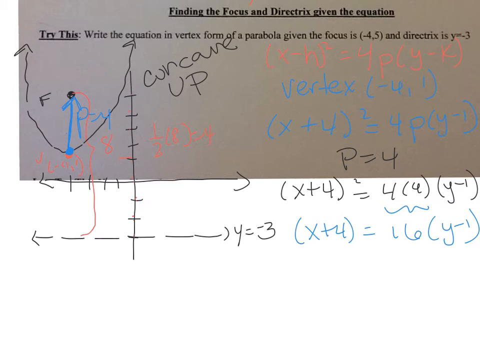So now what we're going to work on is this. We're going to go in the opposite direction. We're going to go backwards. I'm going to give you the equation, and we need to come up with the focus and the directrix. So what you just need to remember, the most important thing, is that the focus is moving from vertex to focus in that direction.